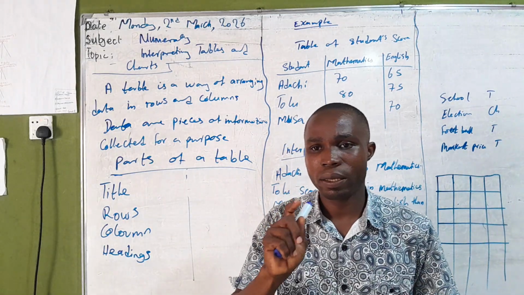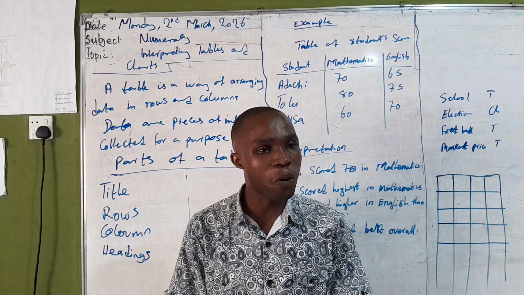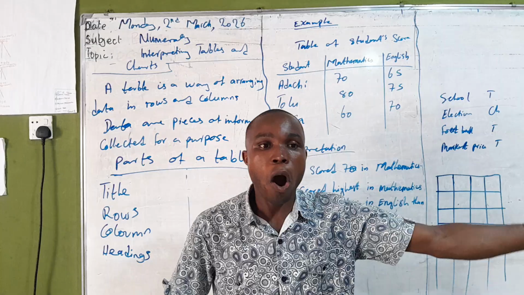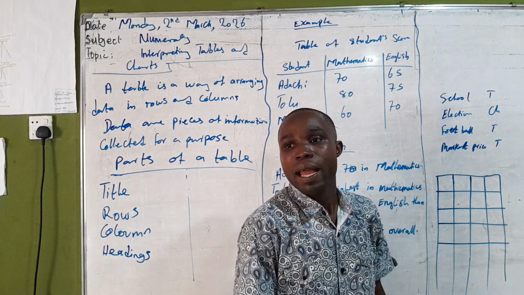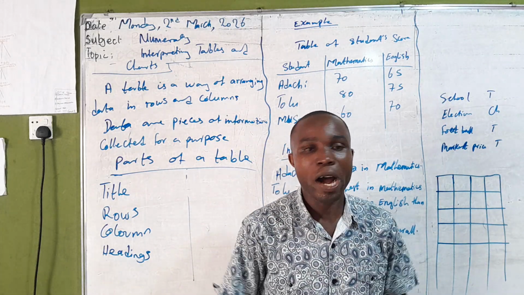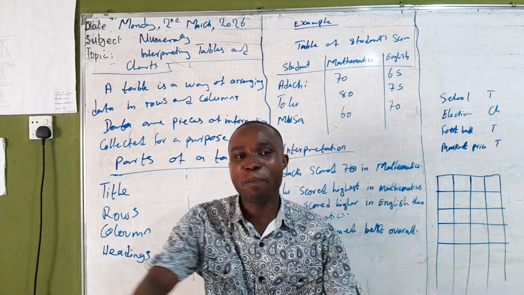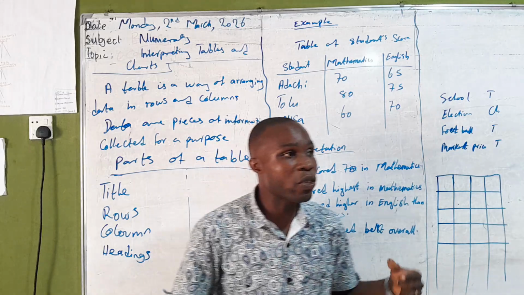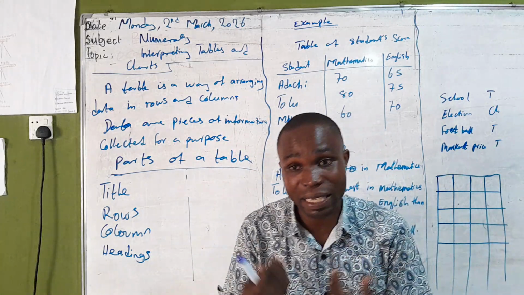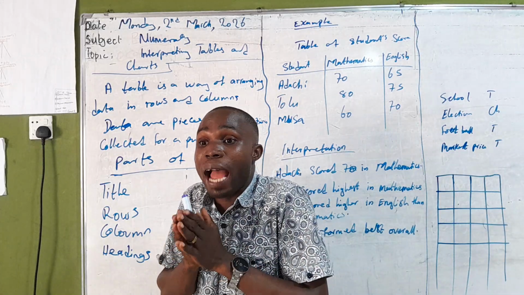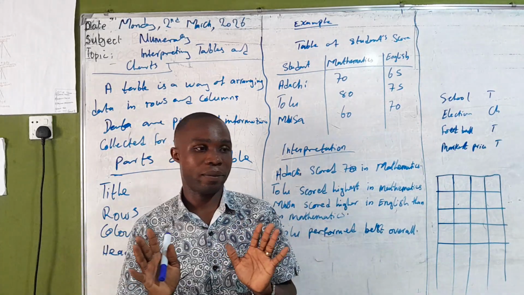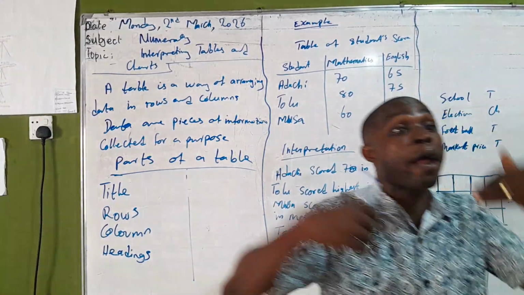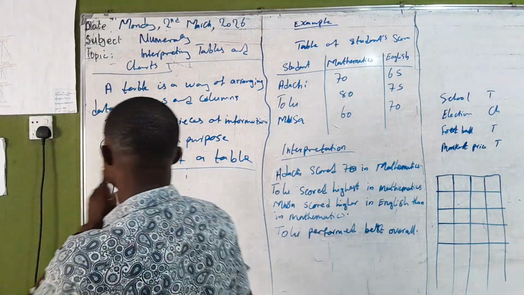For example, will I just come to this class and say, class prefect, give me the name of every person in this class when I don't have anything I want to do with it? No. For me to demand the names of the learners in this class, it means I have something I want to do with it. So that piece of information that is collected for a purpose is known as data.